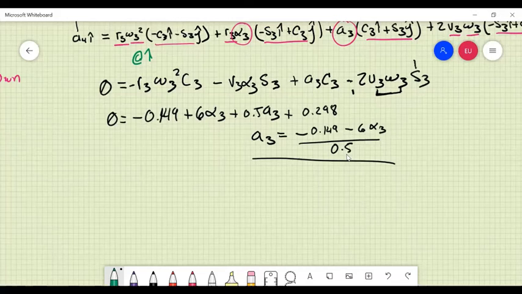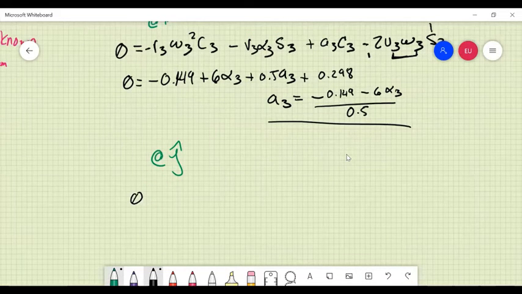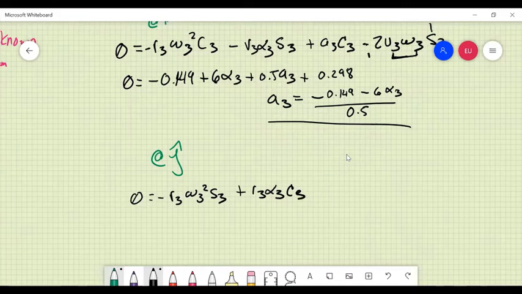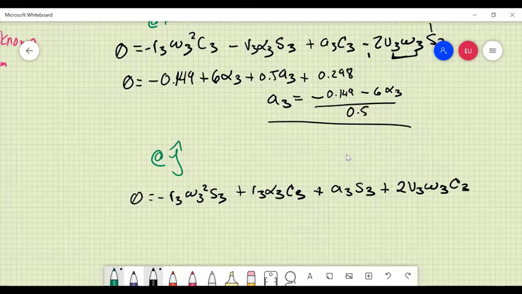Let's do vertical components. Again, this is equal to 0. And vertically, I have minus R3 omega 3 squared sine of theta 3 plus R3 alpha 3 cosine of theta 3 plus A3 sine of theta 3 plus 2 times B3 omega 3 and the cosine.